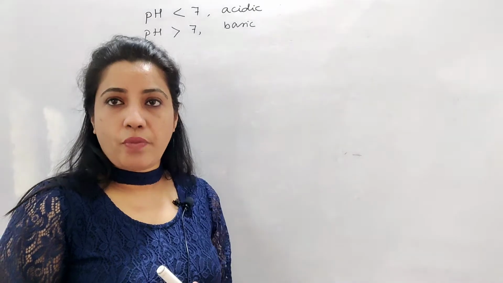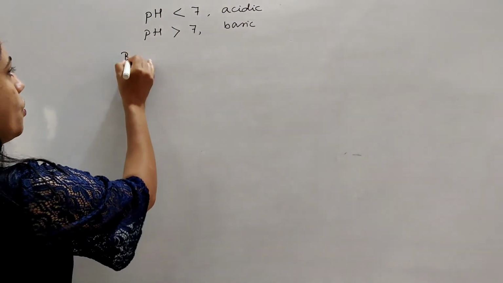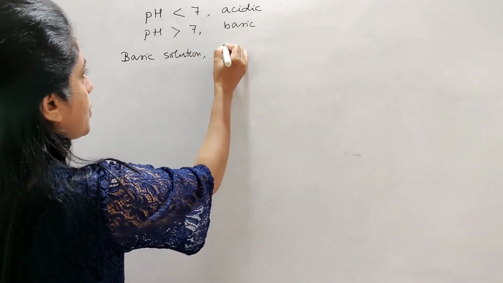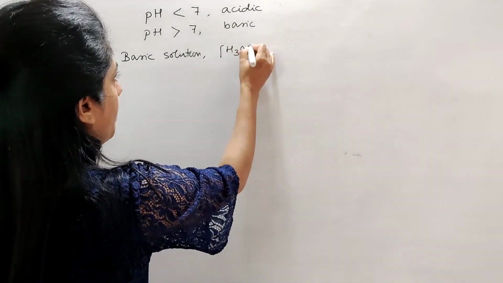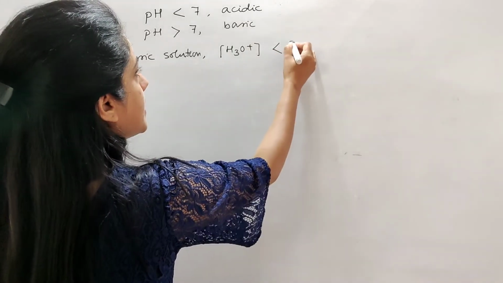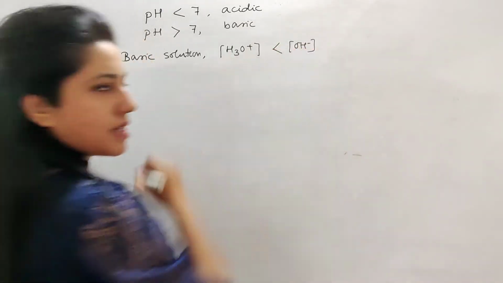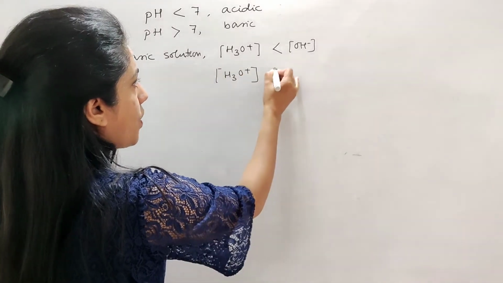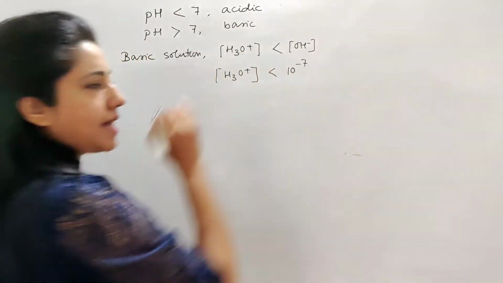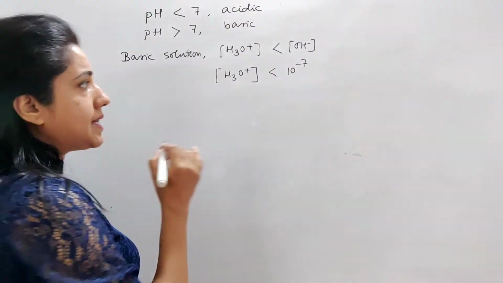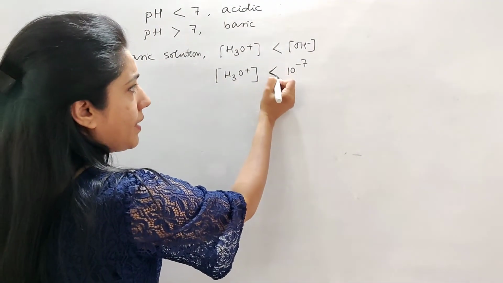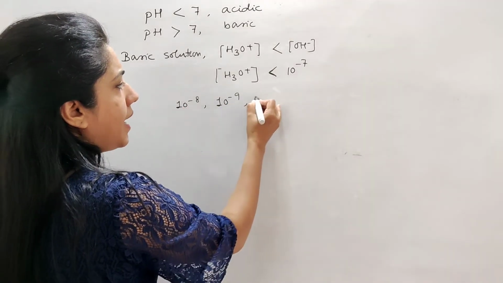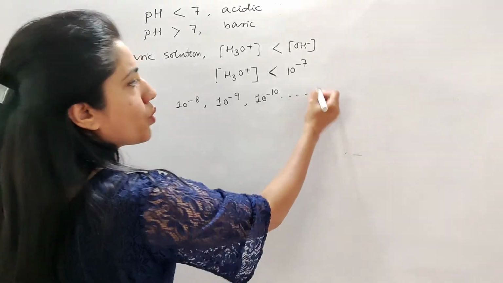Now let's find out the pH for a basic solution. So for a basic solution, concentration of H3O plus is less than concentration of OH minus. Hence it will be less than 10 raised to power minus 7, which can be 10 raised to power minus 8, 10 raised to power minus 9, 10 raised to power minus 10 and so on.